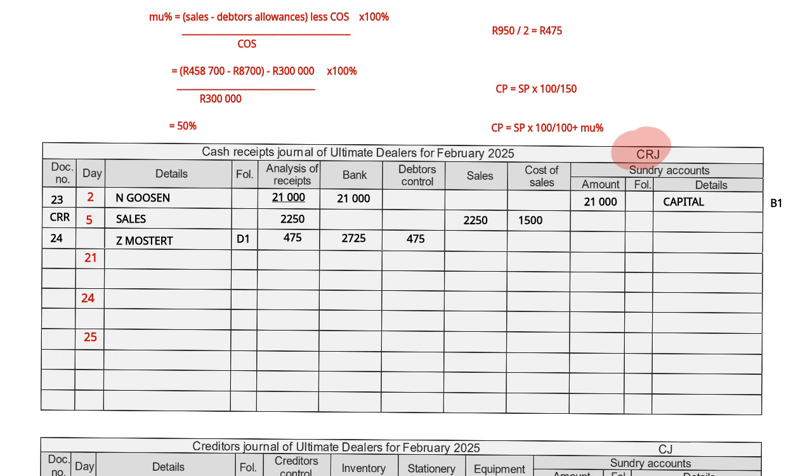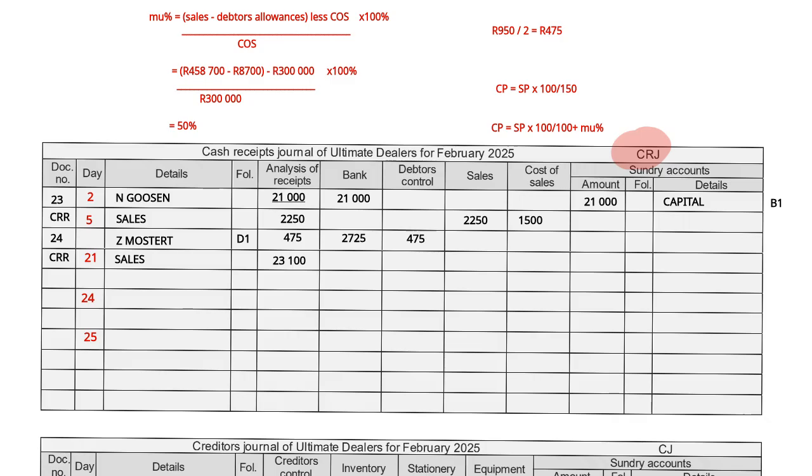The next CRJ transaction was on the 21st. There were 2 transactions. The first one says cash sales of inventory to the cash register roll, 23,100. So we know our document number is CRR. Our details will be sales. In analysis will be 23,100.